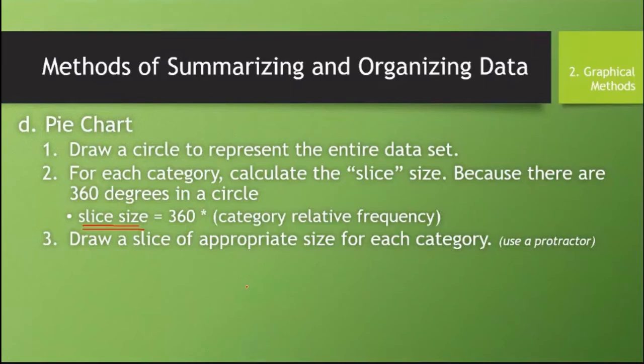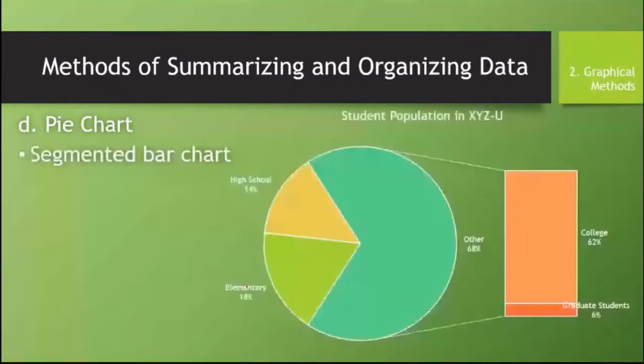We have a special type of pie chart which is called a segmented bar chart. For example, you have this one. Commonly, a segmented bar chart is used to represent a very small value in your pie chart. But just for demonstration purposes, this is how a segmented bar chart looks like.